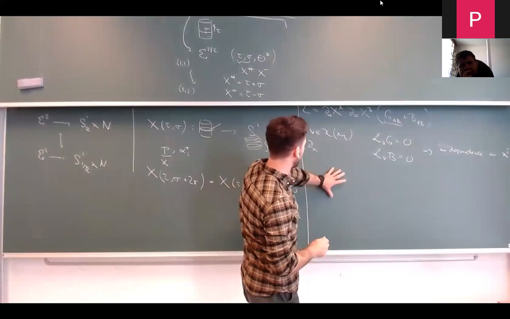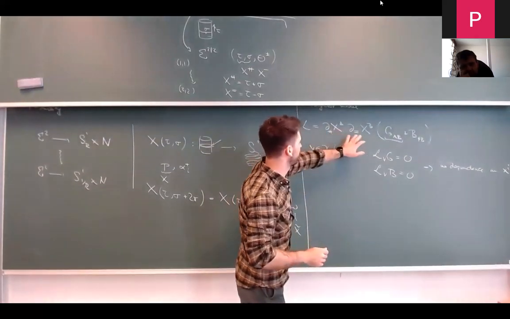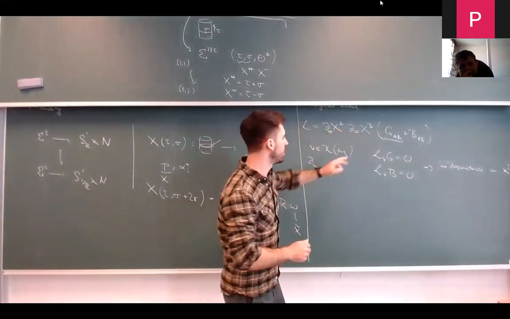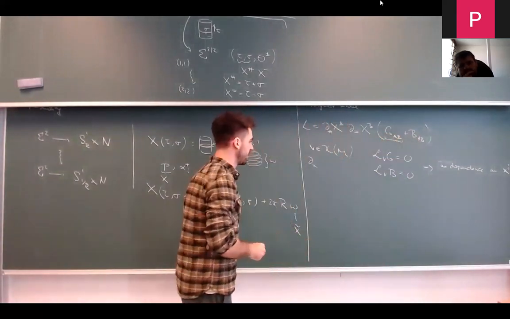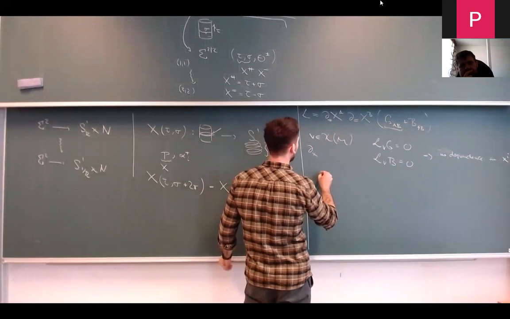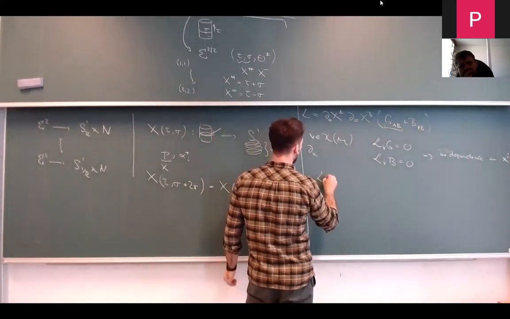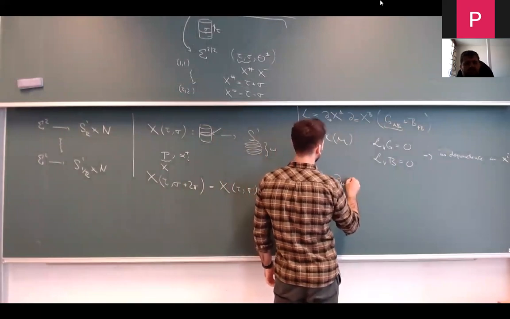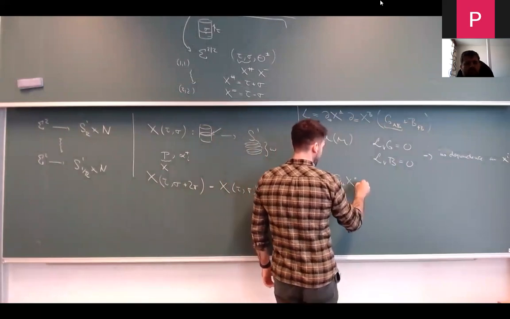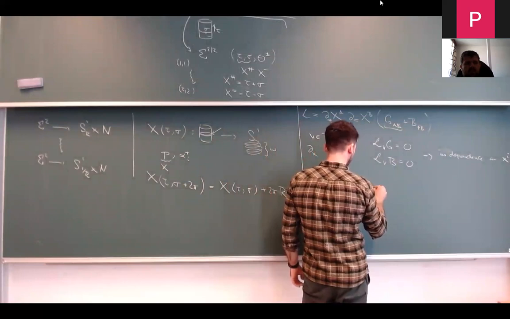The only way they will enter the Lagrangian is via these derivatives, not as a functional dependence in G and B. So then maybe I will single out one of those, this term.